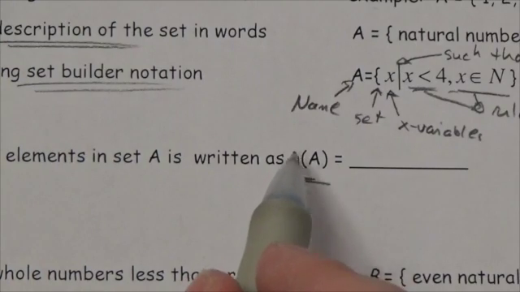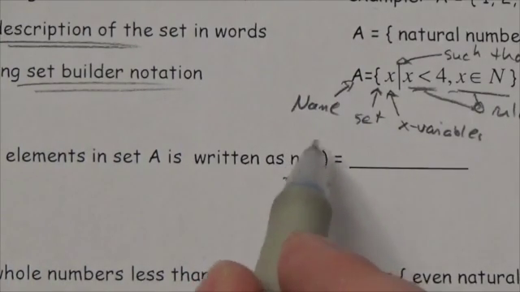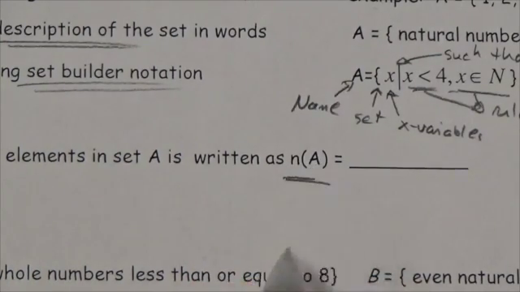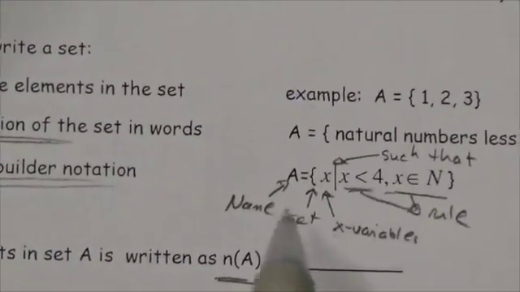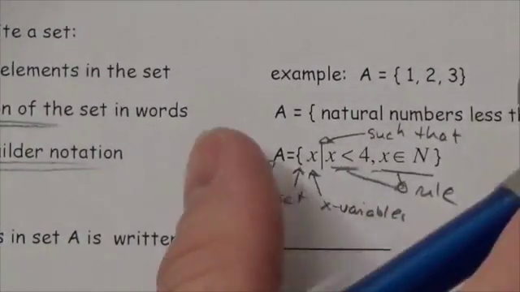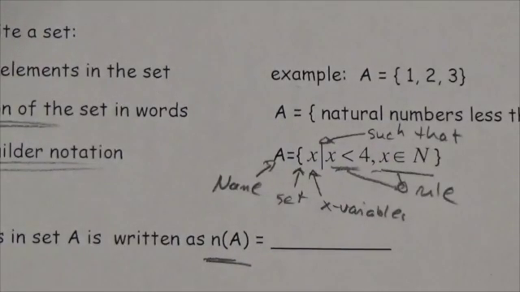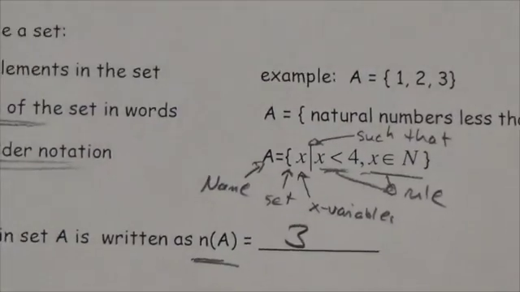And n refers to the number of elements in the set whose name is inside the parentheses. In this case, if we're continuing with the same definition of set A, 1, 2, 3, then the answer to n of A is going to be 3. There are 3 elements in A.